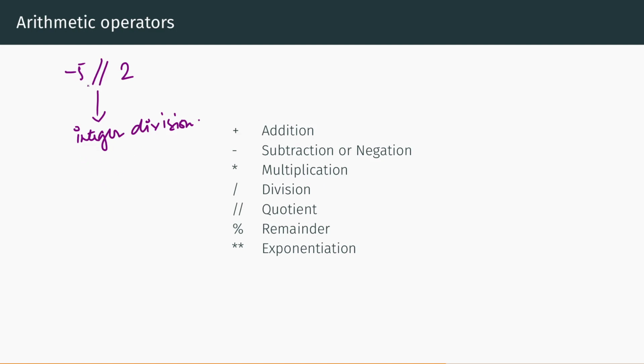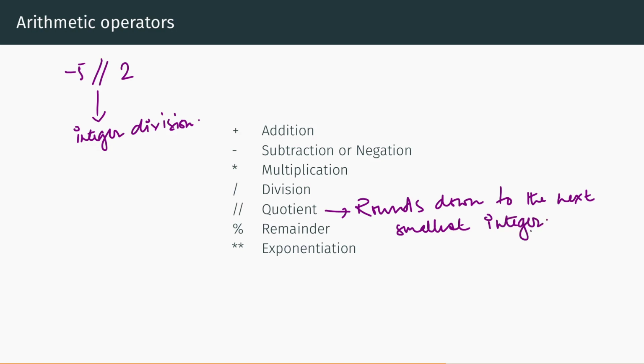The way this integer division or quotient works is it rounds down to the next smallest integer, right? So minus 5 divided by 2 would be equal to minus 2.5.